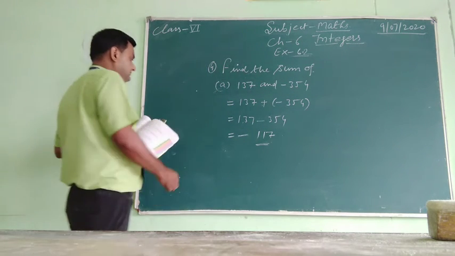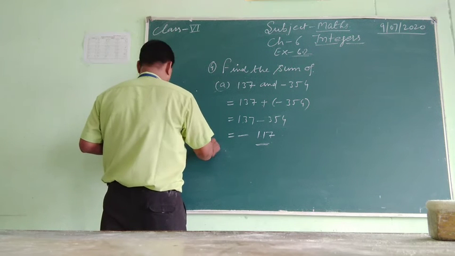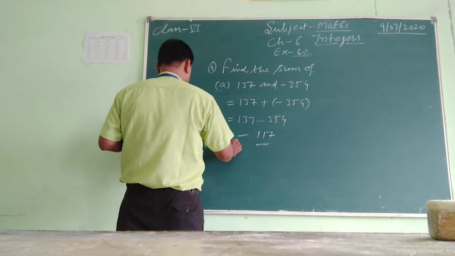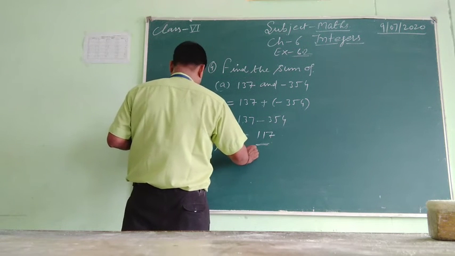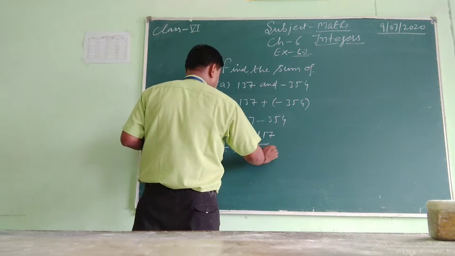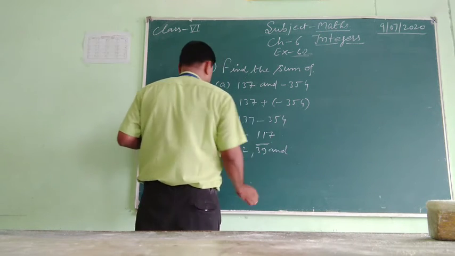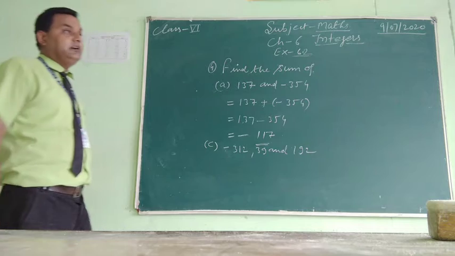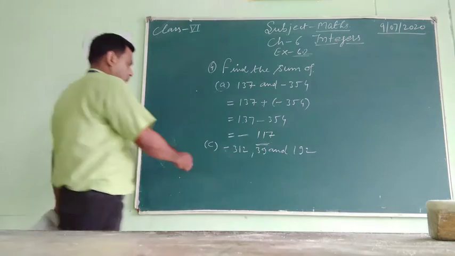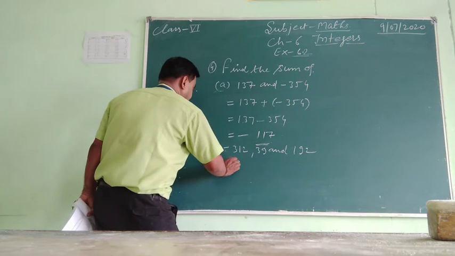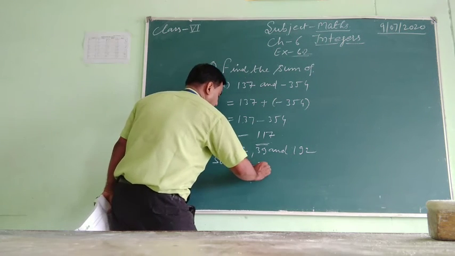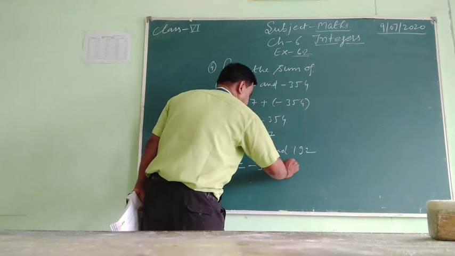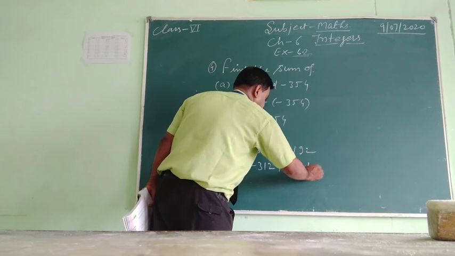Now C part is minus 312 and 39 and 192. We have to find the sum of these numbers, equal to minus 312 plus 39 plus 192.